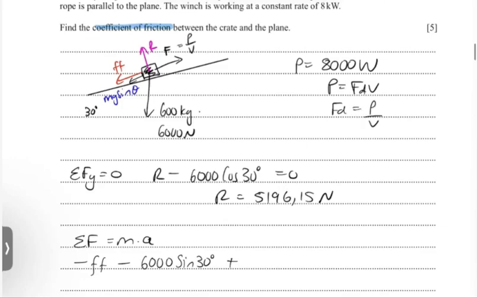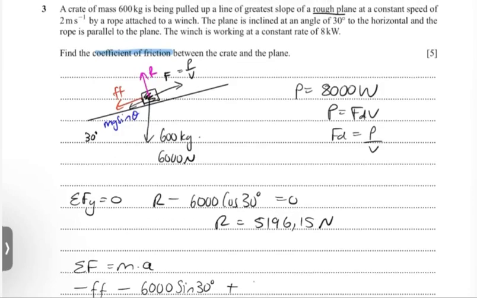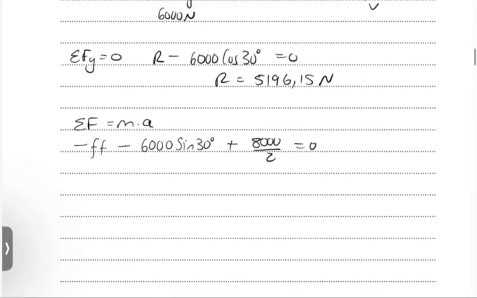And so what that is, 8,000 divided by 2. Okay, so now I can work out my frictional force. And that's going to give me an answer of 1,000 newtons.